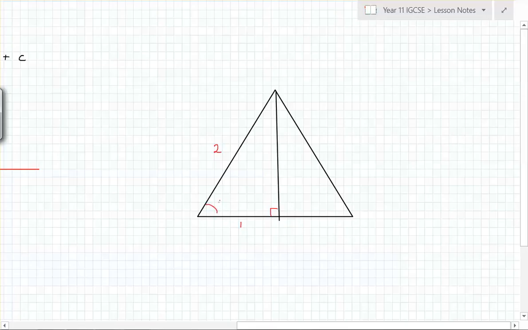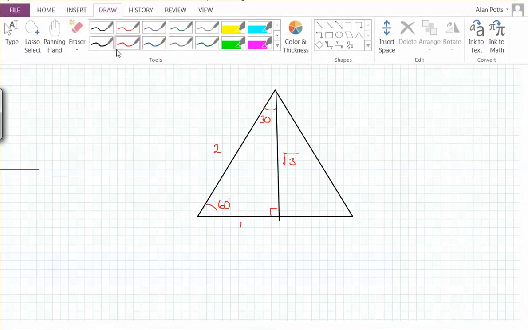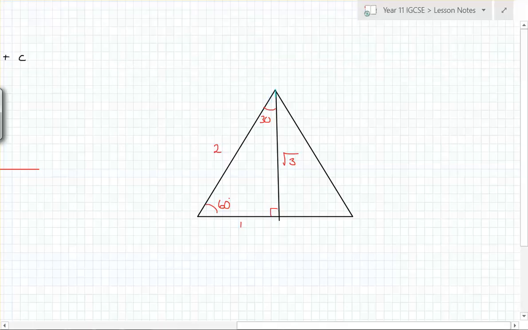This angle is 60, this angle is 30. This side, you either have to work it out or you visualise and go, well, that's the one that's root 3. Do you remember how to remember it's root 3? So I memorise or I visualise in my head just this. I remember 30 at the top, I remember 60 and I remember the root 3 and 2.